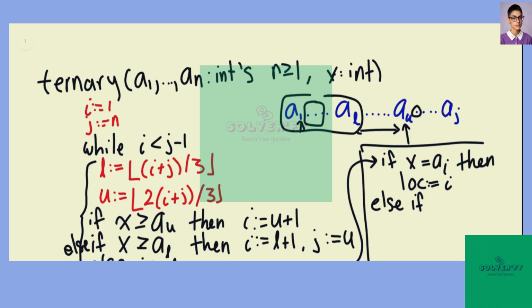Else if x is equal to a sub j, the potential second item in this list, then similarly, we'll just set the location equal to j. And if neither of those cases occur, we'll just set the location equal to 0, which there is no 0 location.